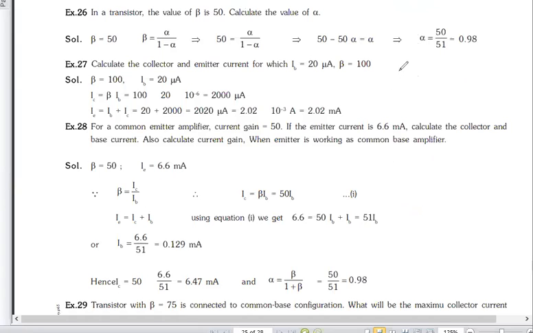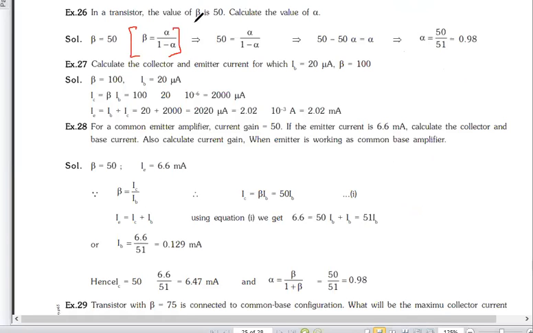Yeah, it's correct now. So we will get this. I remember what mistake I did. It is 1 by alpha.